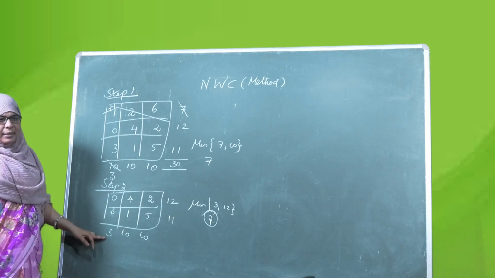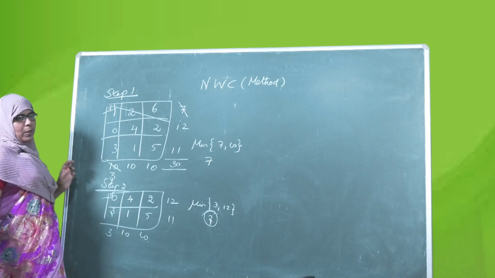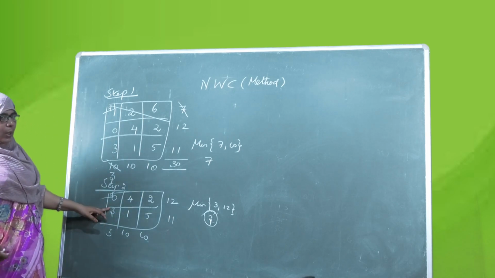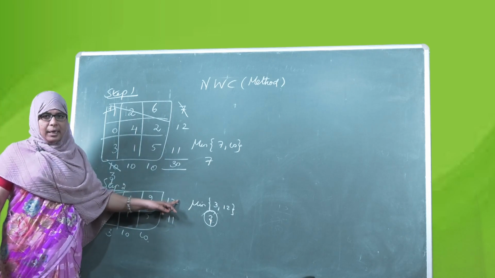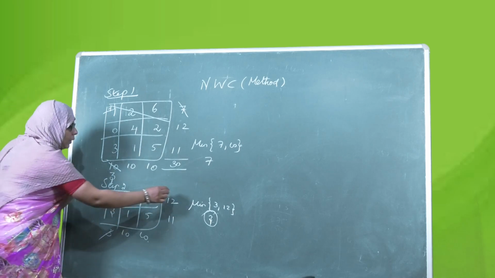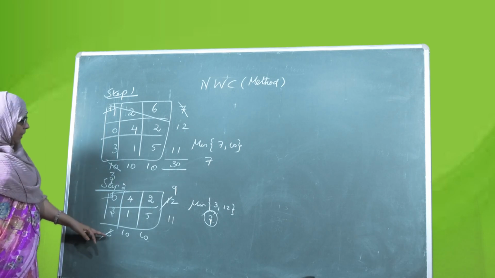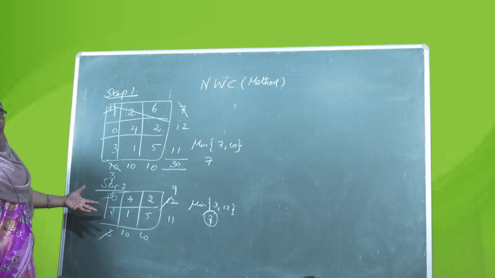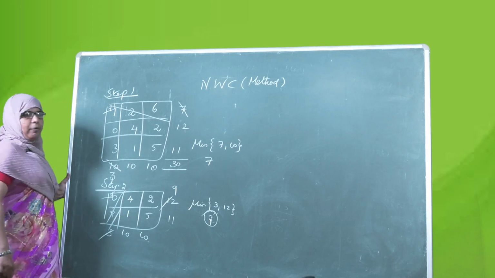So you have to select the minimum element 3 and allocate 3 in the northwest corner element. Next step, subtract the minimum from the maximum, remaining 9. So 3 completely vanishes, that's why the first column completely vanishes.